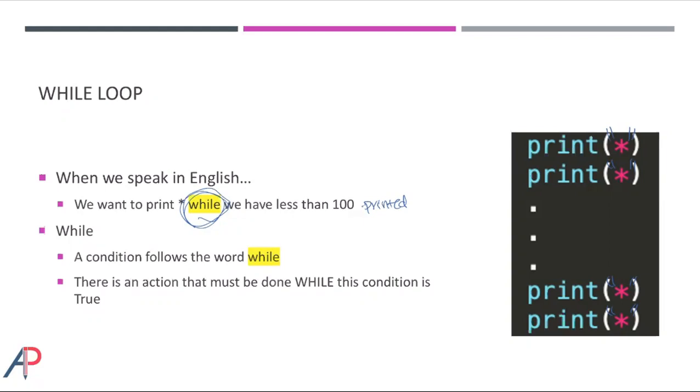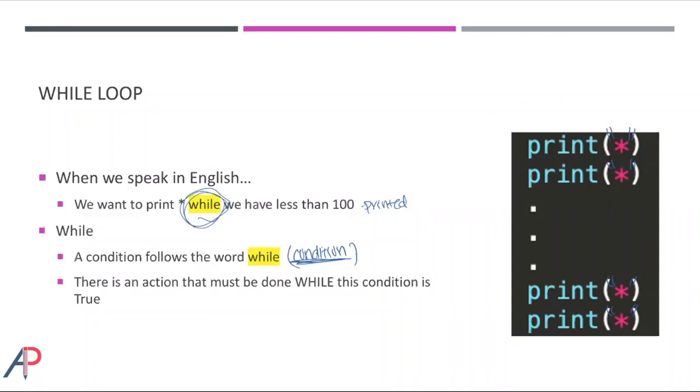So a while loop is written in a way such that it is while, and then you have a condition following it. This loop will run while the condition is true. Okay, I have 9 minutes. So there is an action that must be done while the condition is true.